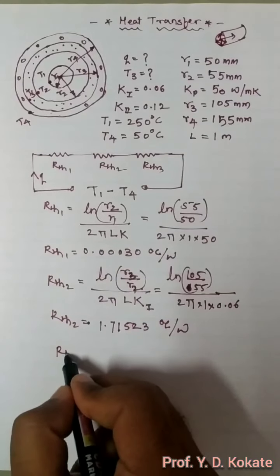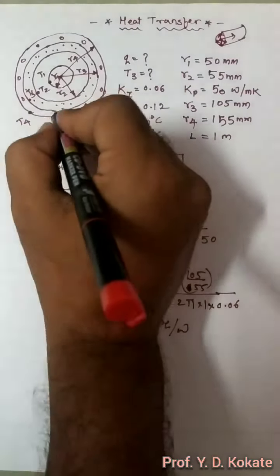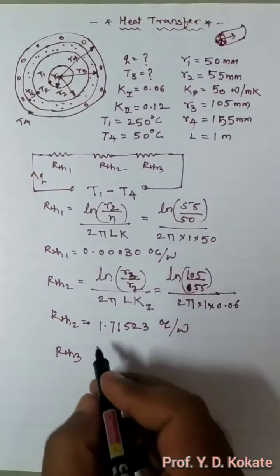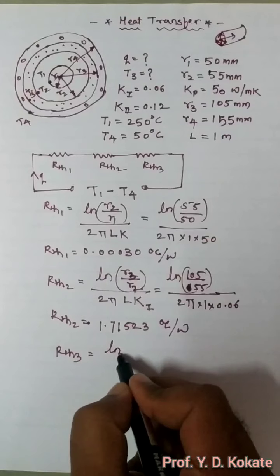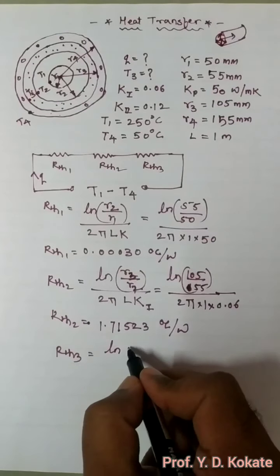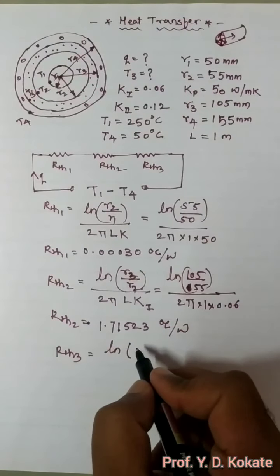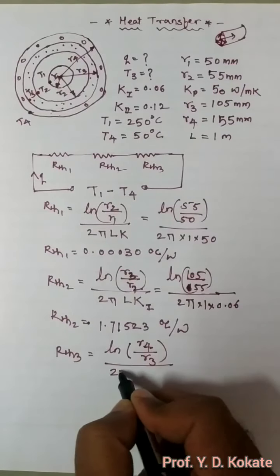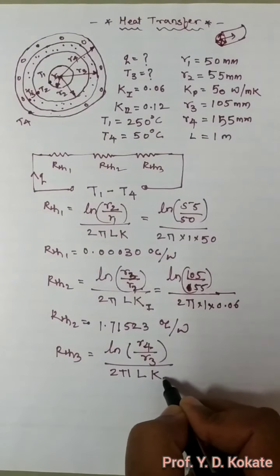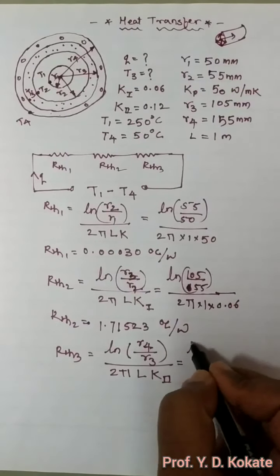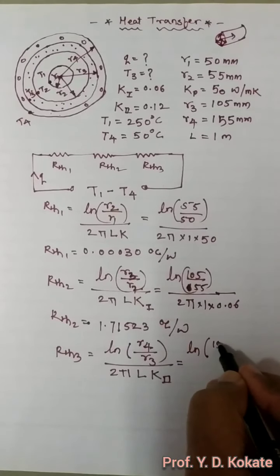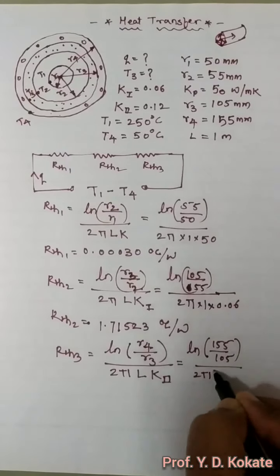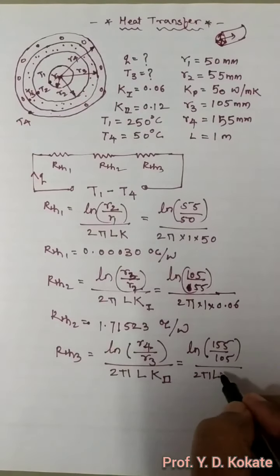Now RTH3, which is due to the second insulation, and for that the radii are R4 and R3. Don't make a mistake in the radii. I have already made the mistake, but you don't make it. ln of R4 divided by R3 divided by 2 pi Lk, where this is K of the second insulation. So ln of R4, 155, divided by 105, divided by 2 pi L. And what is the K of the second insulation?